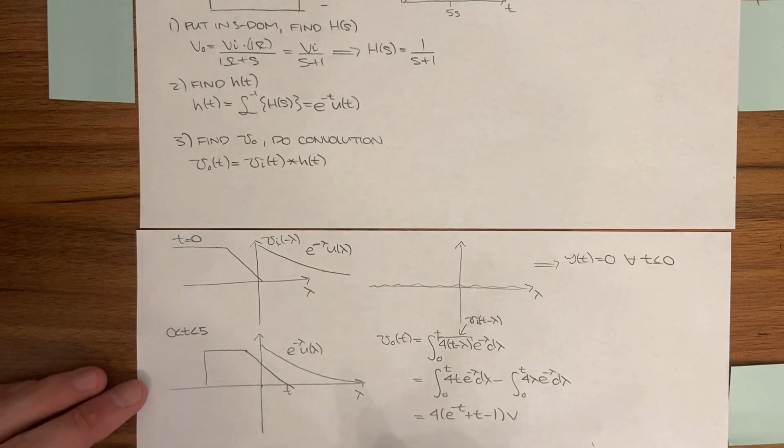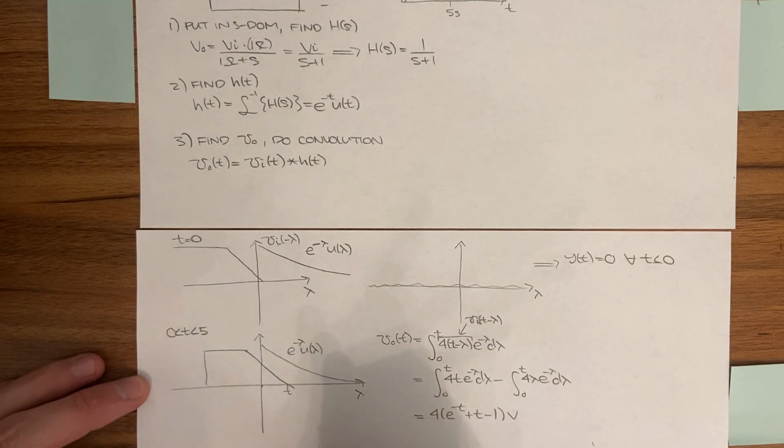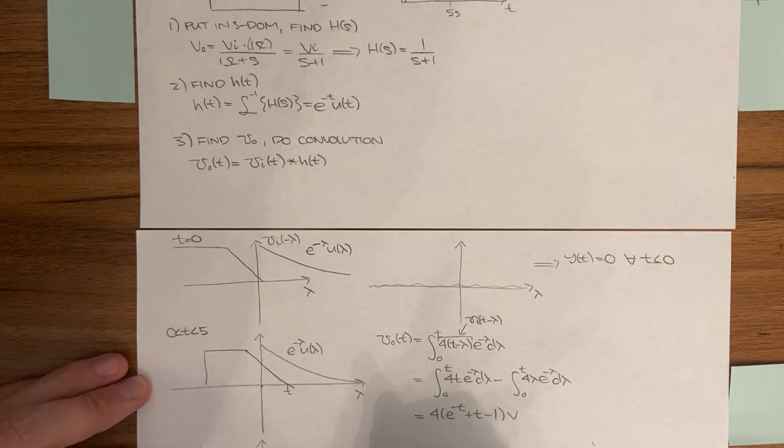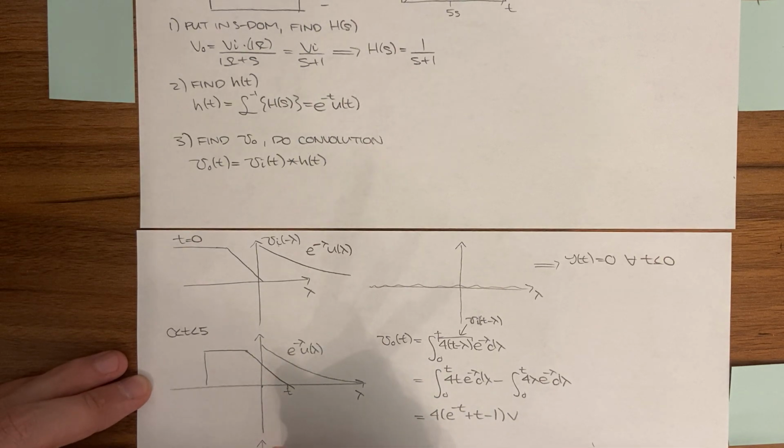Okay, so next we need to look at what happens as we start moving forward even more. Here we start shifting the input voltage further to the right. Again, this is e to the minus lambda u of lambda.